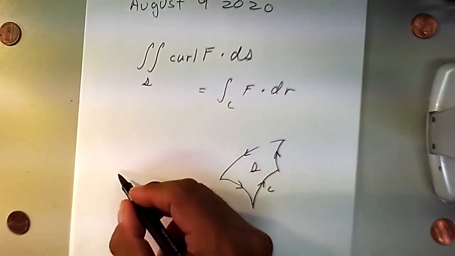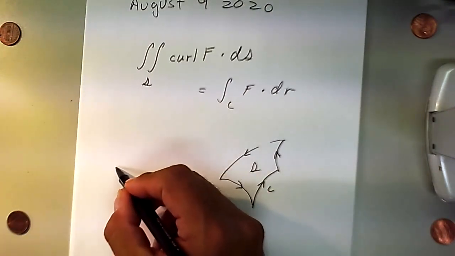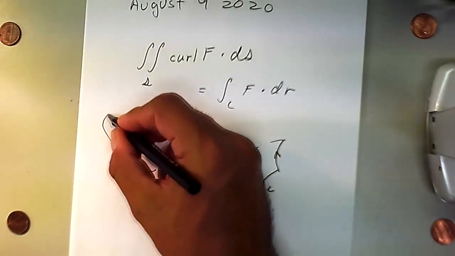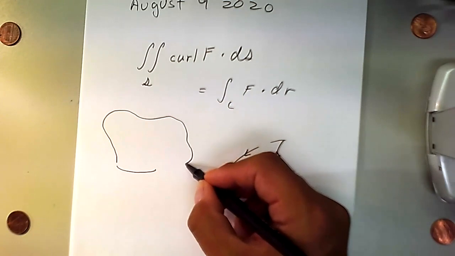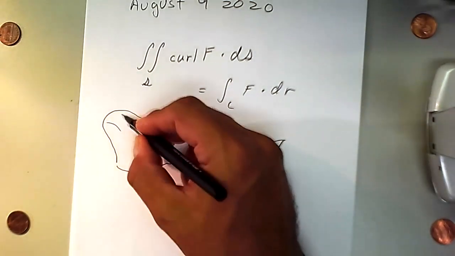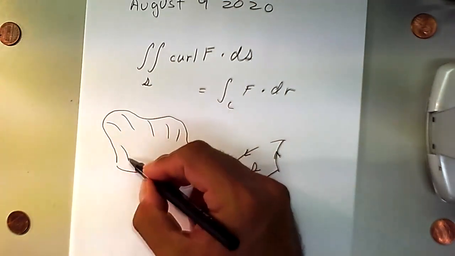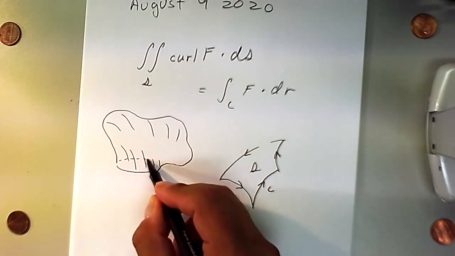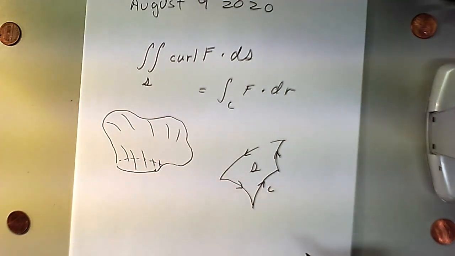So if you have a circle as the boundary, but the surface we are integrating over is very irregular and it would be very difficult. But pretend the bottom is a circle. This kind of reminds me of a chef's hat.